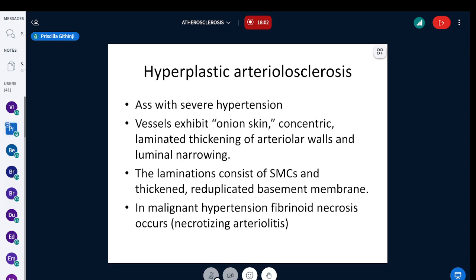The laminations usually consist of smooth muscle cells and thickened, reduplicated basement membrane. You can also have malignant hypertension with fibrinoid necrosis, which we refer to as necrotizing arteriolitis. I remember fibrinoid necrosis from your lecture on cell injury and necrosis.